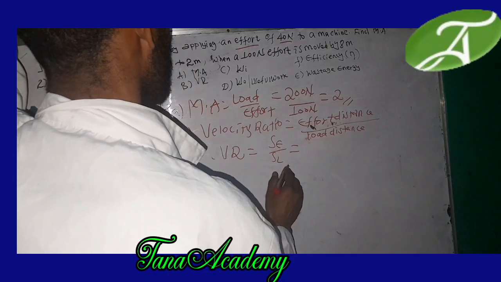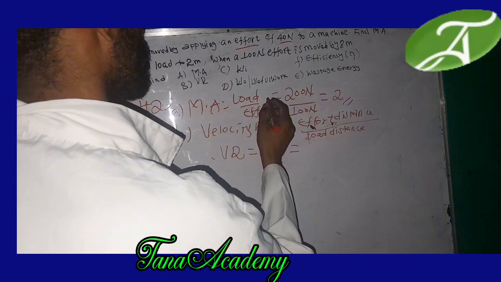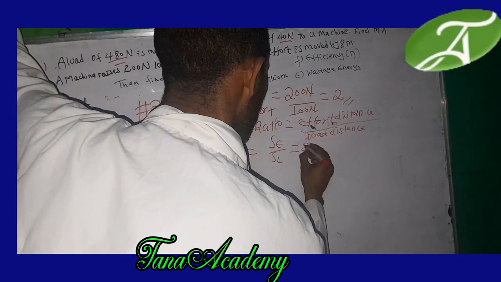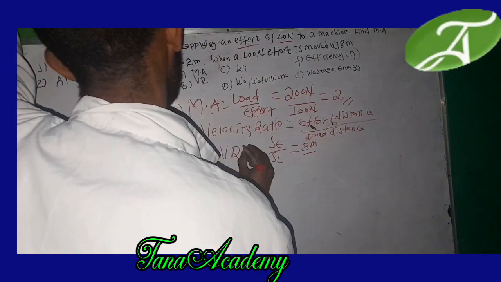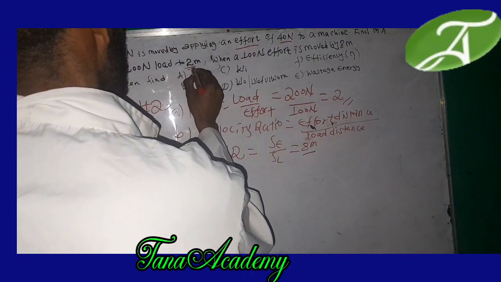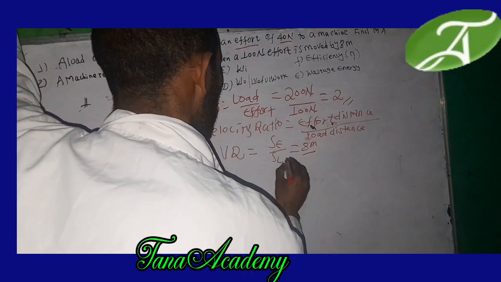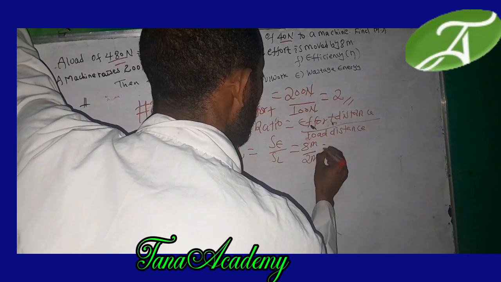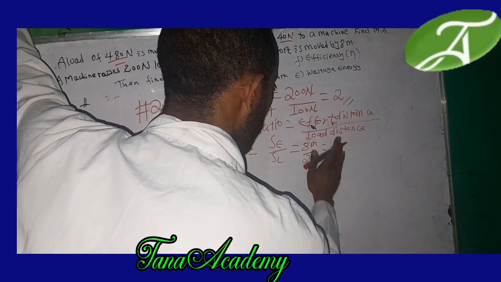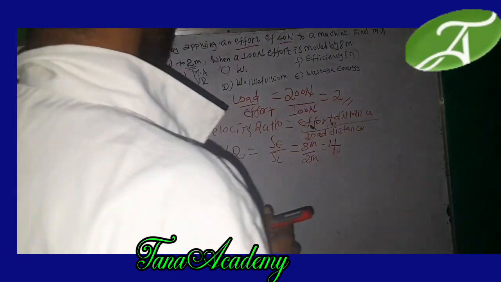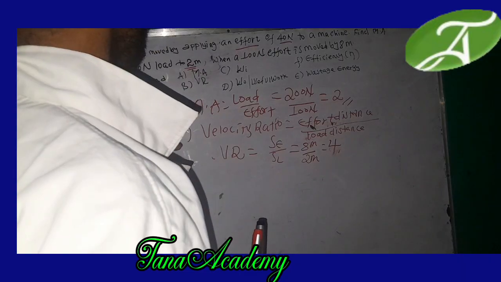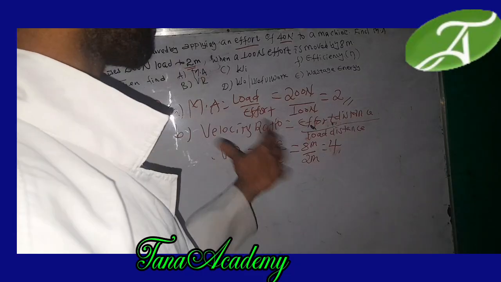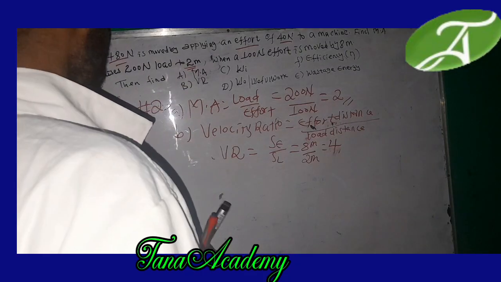Effort distance means the distance the effort moved, 8 meter, over load distance, the distance where the load moved, that means 2 meter. 8 meter over 2 meter becomes 4. By the way, velocity ratio of a machine is also the ideal mechanical advantage of a machine.